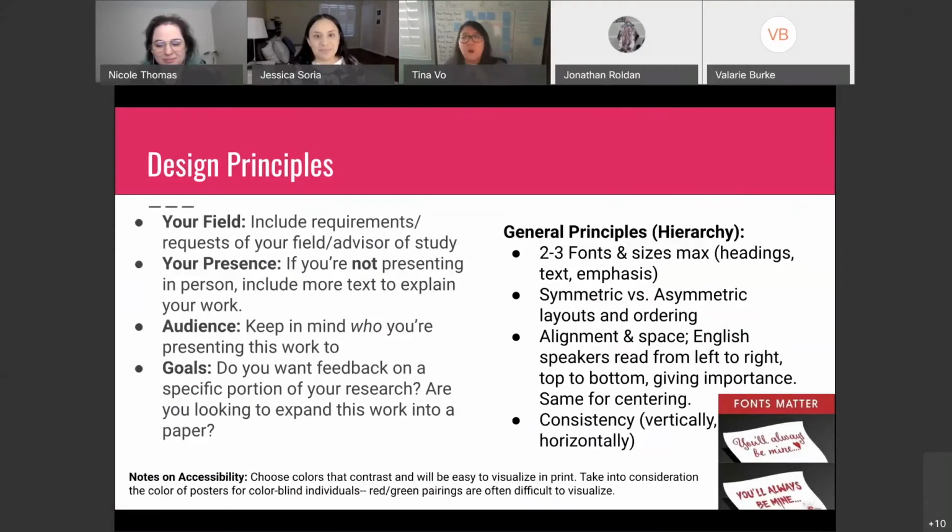This is for the beginners among you. If you're at the very beginning of your trajectory and you're about to go out there with a poster, you get two to three fonts and sizes max. And this is where I generally think that they'll fall out. You get one size for your headings, one size for your text, and one size for emphasis. And that could be figure heads, table heads, or quotes if you're using quotes.